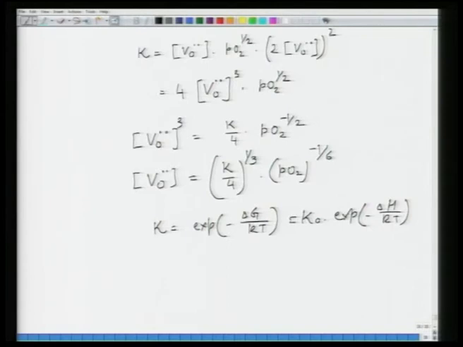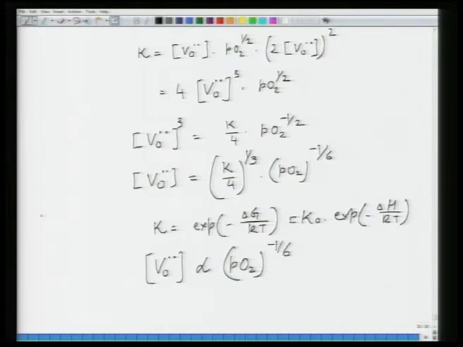Okay. So which means you can determine the K experimentally. So K will be at a constant temperature, a known quantity. Okay. So which means what it tells you is that VO is proportional to PO to the power minus 1 by 6.